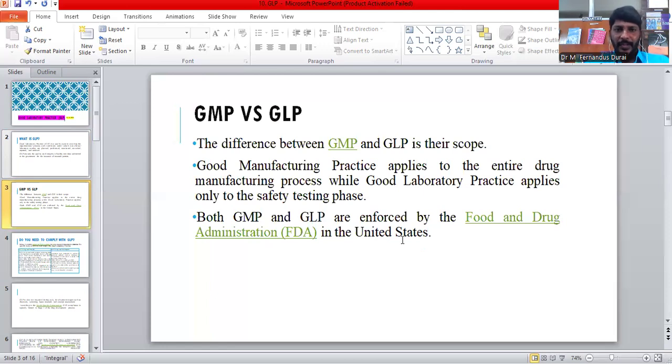Okay, so GMP is the manufacturing of drugs, and GLP is the safety testing phase. Both GMP and GLP are enforced by the Food and Drug Administration in the United States, the FDA.